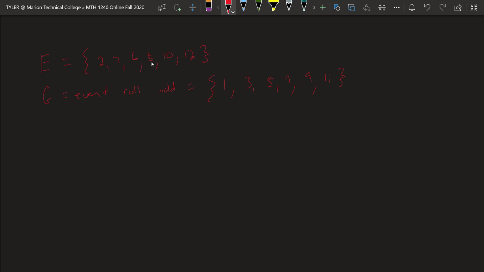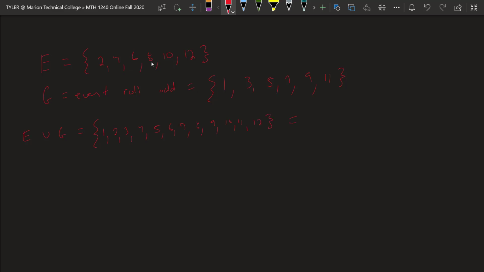So if I look at E union G, that would be equal to everything, combining E and G. Notice that E's all my evens and G's all my odds. All the numbers are even or odd, so what we end up with are all of the numbers in the sample space, 1 through 12.